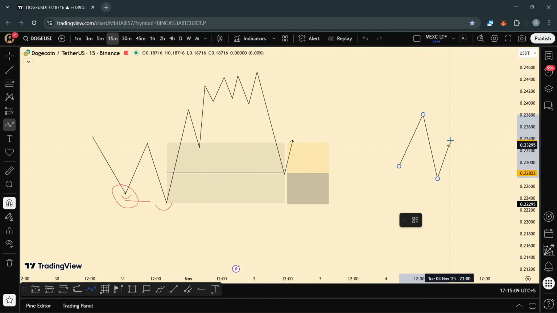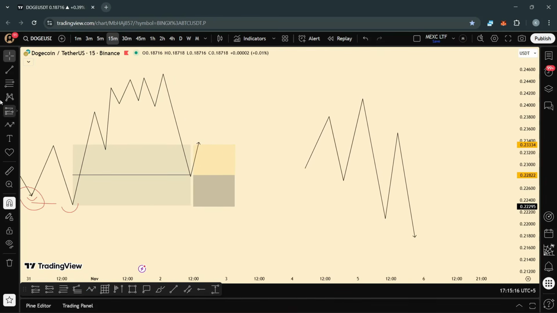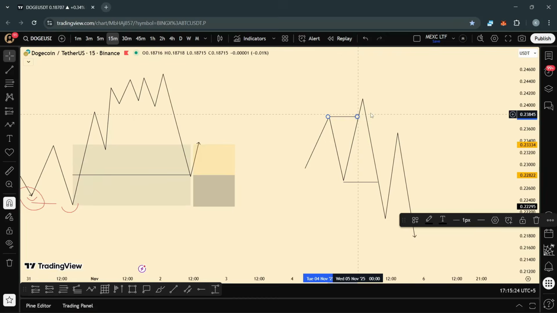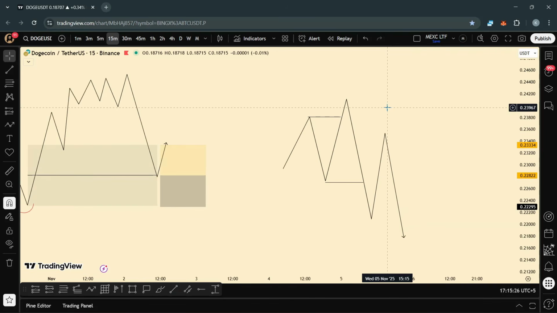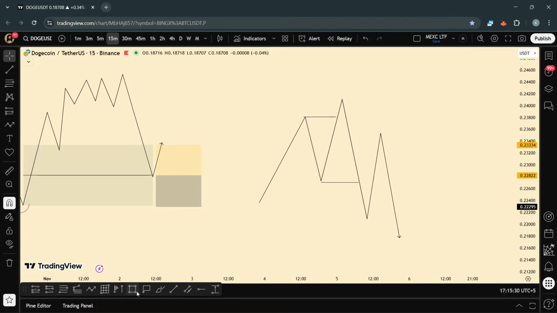One, two, three, four, five. What is this? This is what we call a market structure shift.